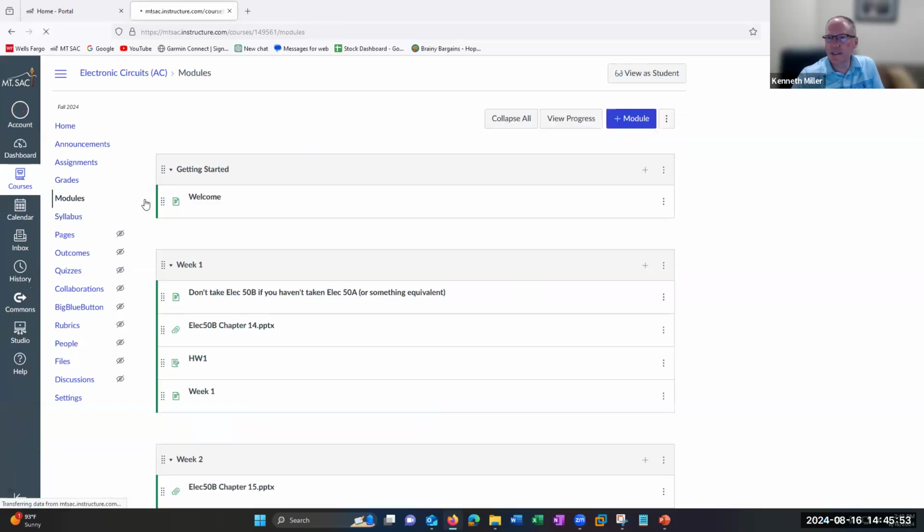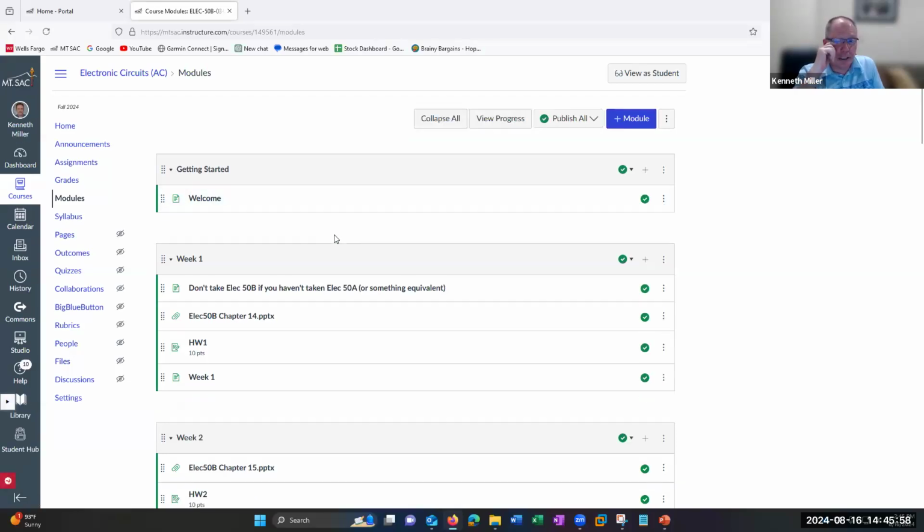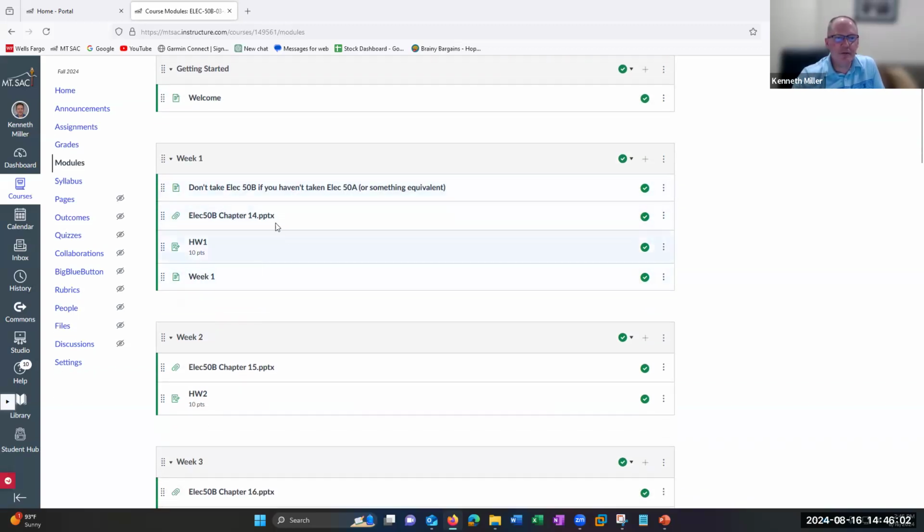The course is really designed in a modular format. Each week we'll have our modules with information for that week. I always have a PowerPoint. There'll be a homework assignment, which is just a file that you can print, fill out with pen and paper or pencil, and turn in to the instructor during the lab time.